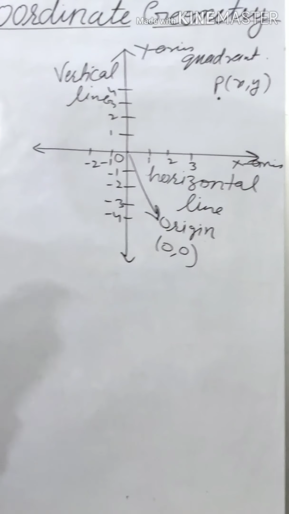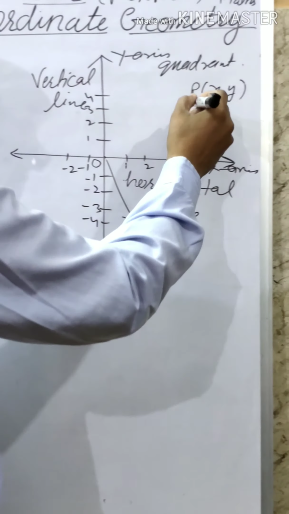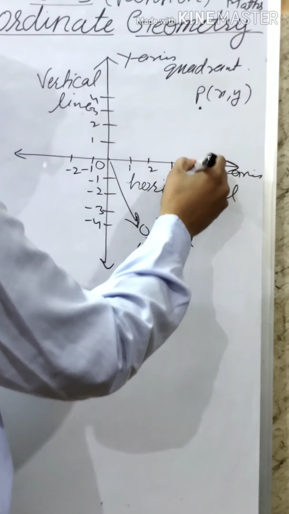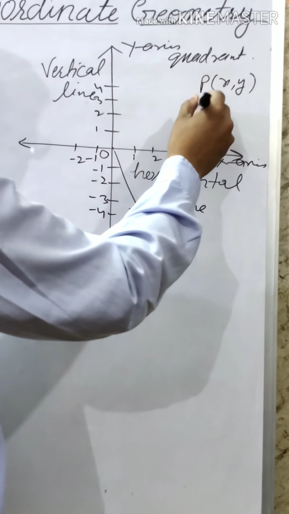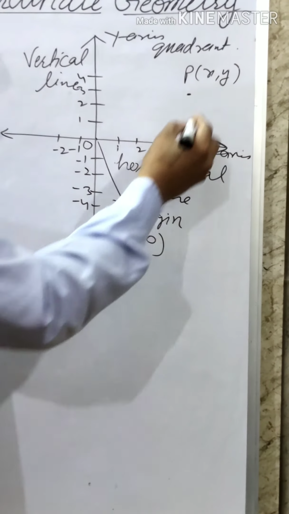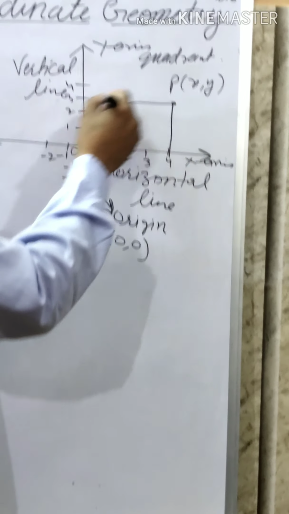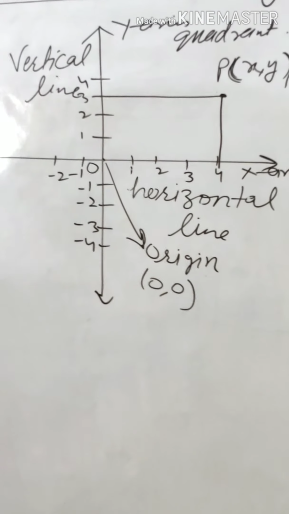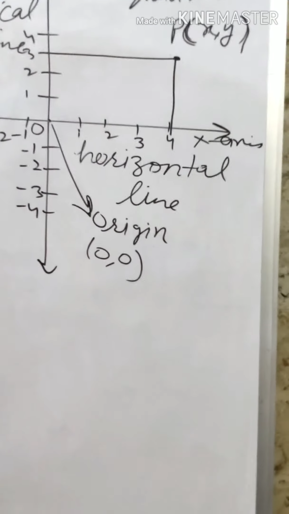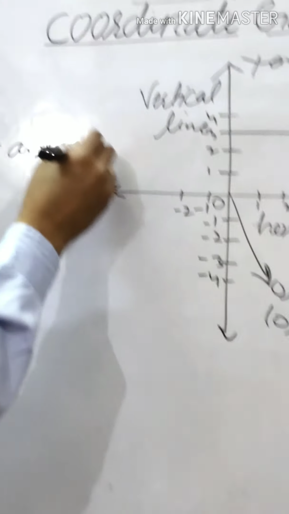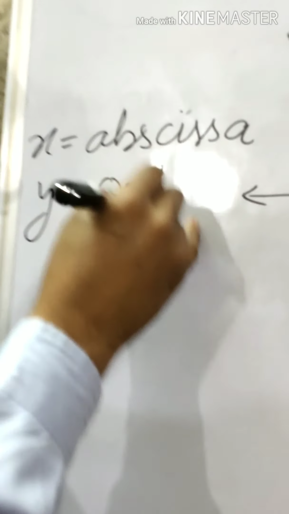Clear? If you locate a point on the plane, what is the position of this point? I am saying the position of this point is x, y. In geometry, x is called abscissa and y is called ordinate.